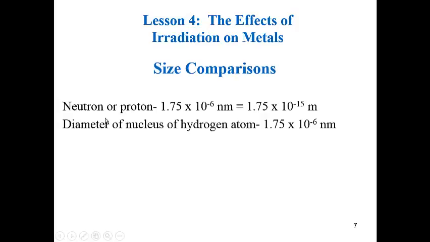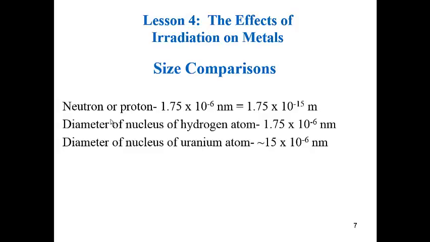The nucleus of a uranium atom has 235 protons and neutrons, or 238, depending on the isotope, crammed into a ball, and it has a diameter of 15 times 10 to the minus 6 nanometers.